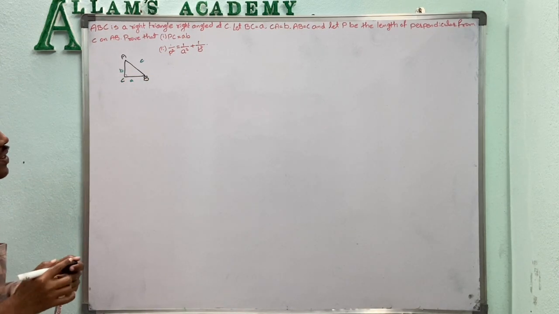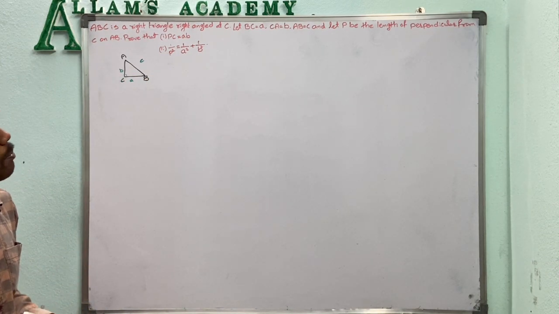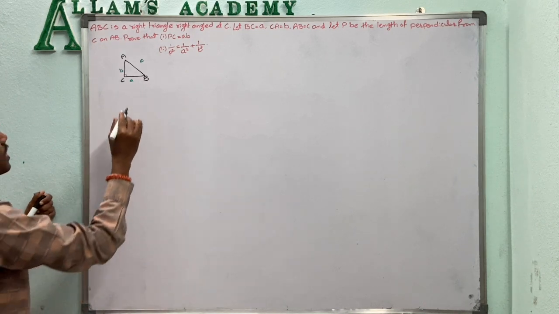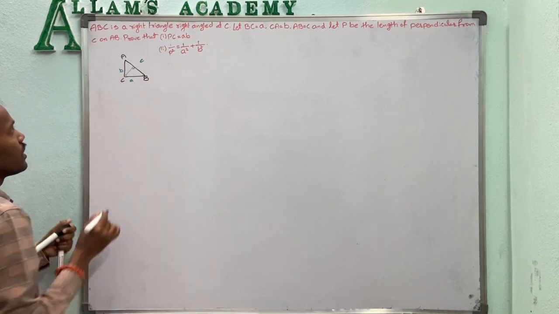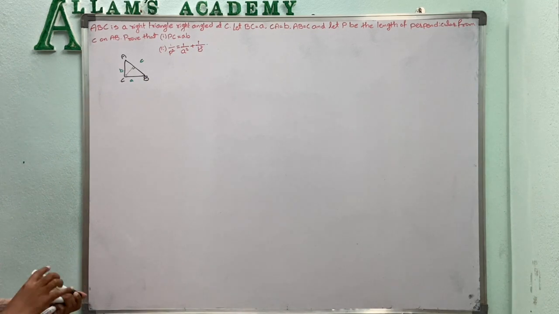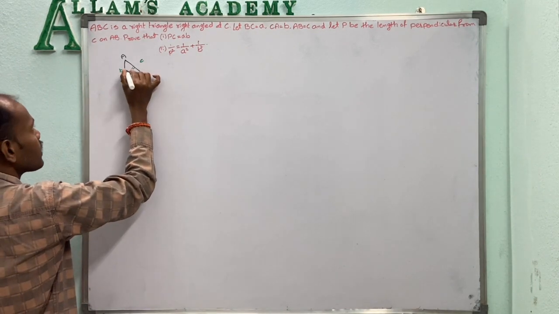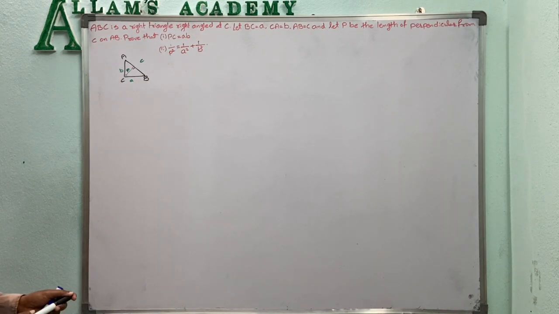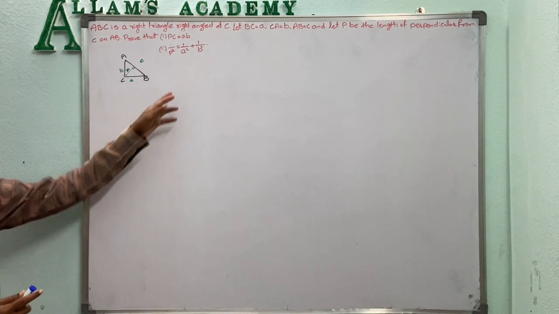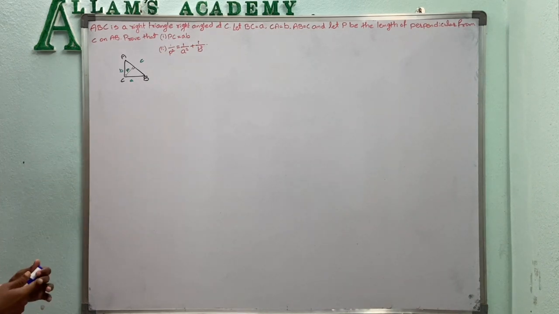And if we draw the perpendicular from C to AB, that length is nothing but p. Now we have to prove that 1 by p square equals 1 by a square plus 1 by b square.